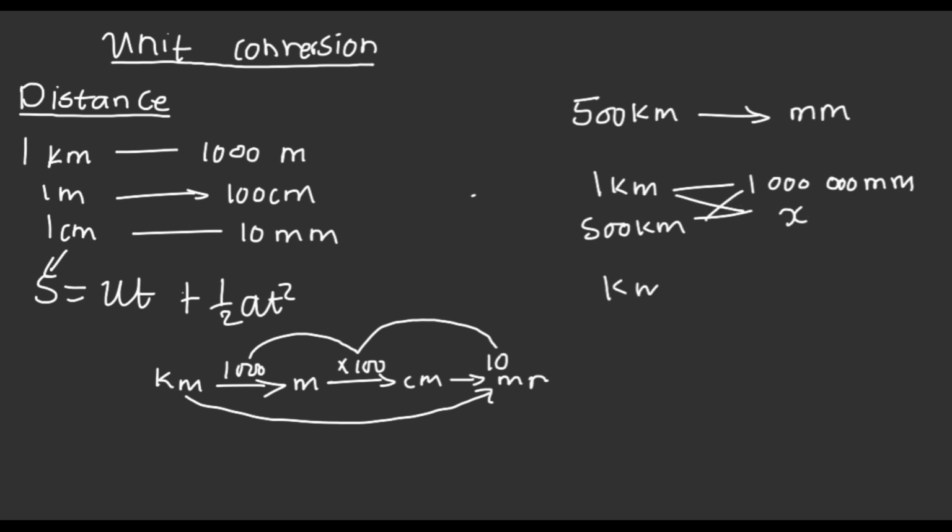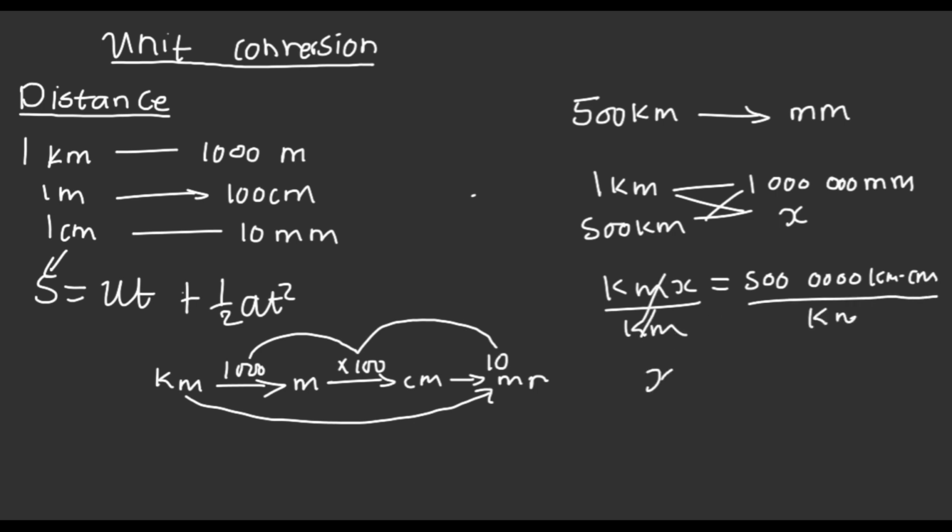So kilometer x is equal to 500 million kilometer millimeters. Then we divide by kilometers on both sides, so that if we cancel this, we will have 500 million millimeters.